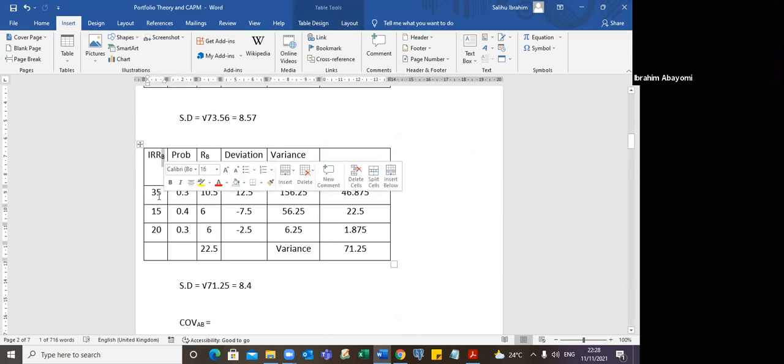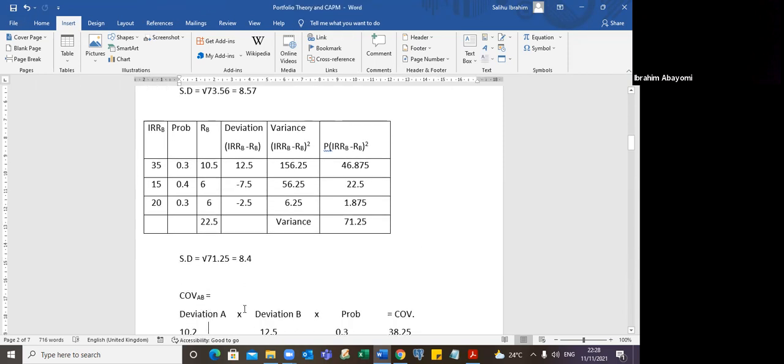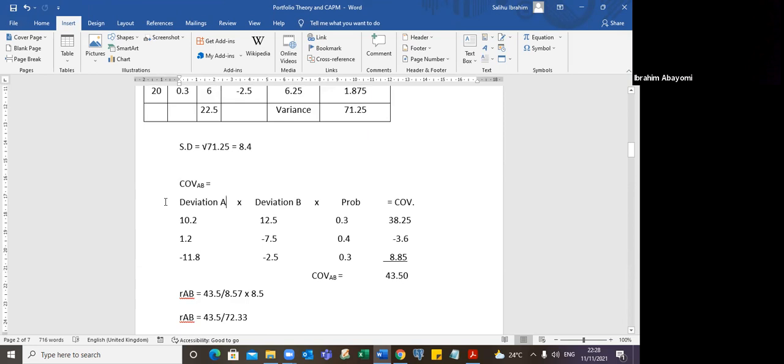So I will have the return on the market, the probability, then the expected return on the market, then compute my deviation. Where I have A, I will now have deviation of the market instead of deviation of A. So it will mean deviation of the market times the deviation of the share times probability will give me this.